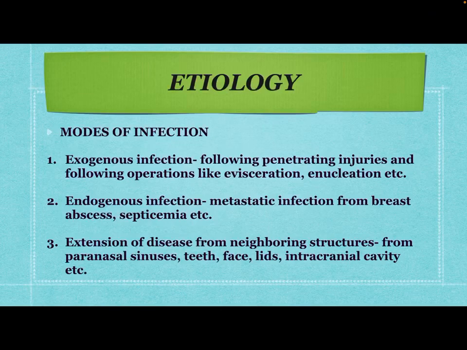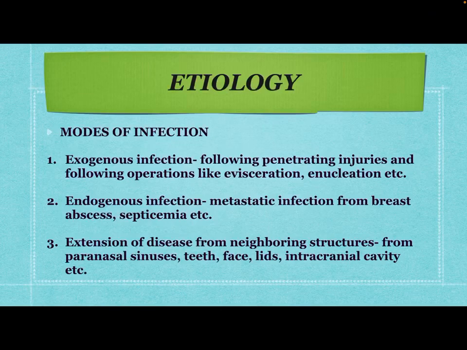The other way is through endogenous infection, which means that the infection is spreading from elsewhere in the body. It could be a metastatic infection from a breast abscess, or septicemia, or thrombophlebitis of the legs, or puerperal sepsis.